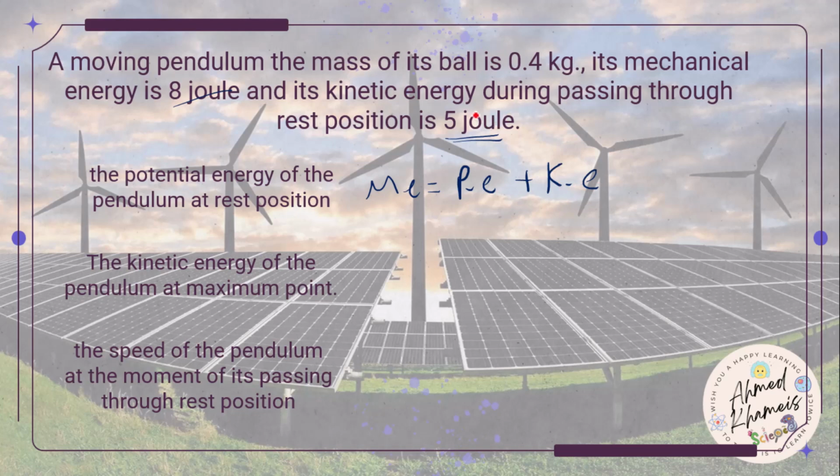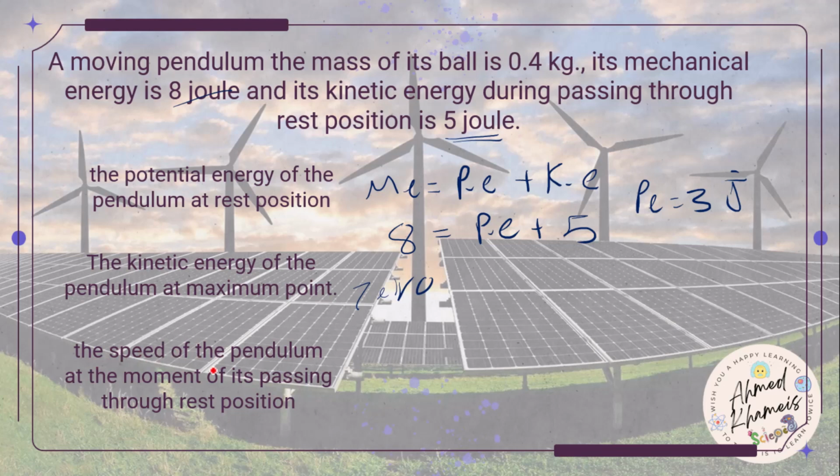So the maximum kinetic energy equals 5 joule. So mechanical energy 8 equals potential energy plus 5 joule. So the potential energy equals 3 joules. The kinetic energy of the pendulum at the maximum point equals 0.